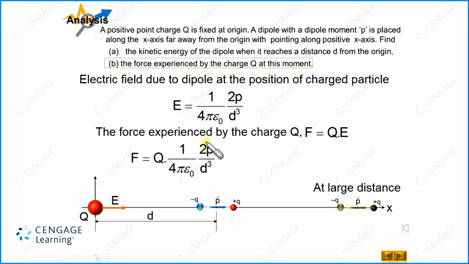This is equal to 1 upon 2 pi epsilon naught P Q divided by D cube. So this is the force experienced by this charged particle. It will be in the rightward direction. And if you ask what is the force experienced by this dipole because of this charged particle, this will be in the leftward direction and it will have the same magnitude. Why? Because electrostatic force always occurs in pairs, with equal magnitude and opposite direction. So this is the final result.